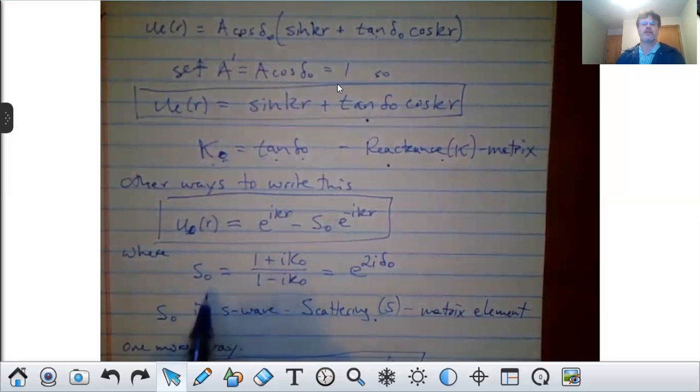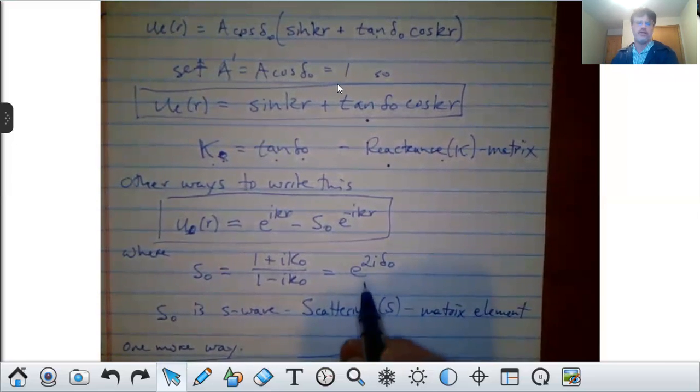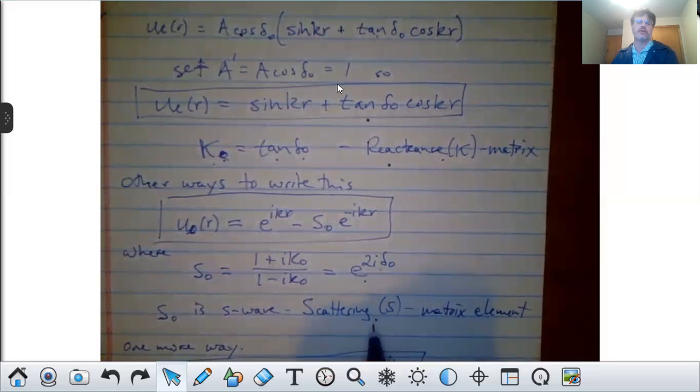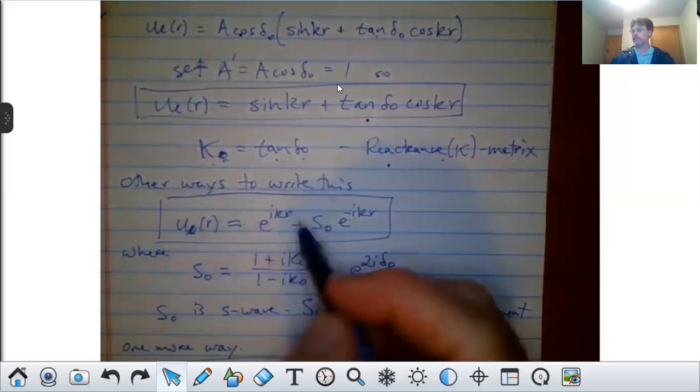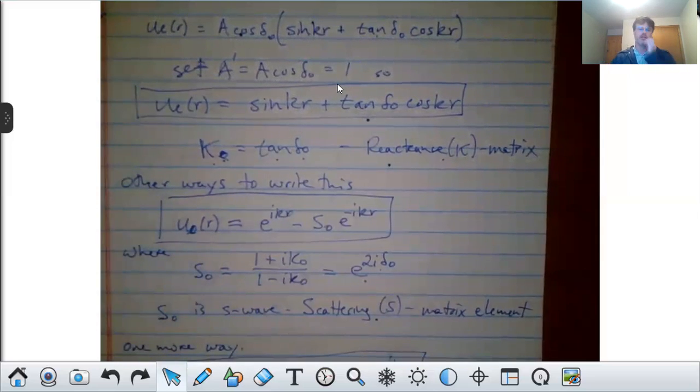This is often called the S matrix or the scattering matrix element. We don't have the whole matrix yet, we just have the L equals 0 S wave element of it. But it's related to the phase shift by e to the 2i delta 0. So again, two different ways of writing the asymptotic solution. They are both related to the phase shift, so the phase shift is kind of the basic fundamental thing.